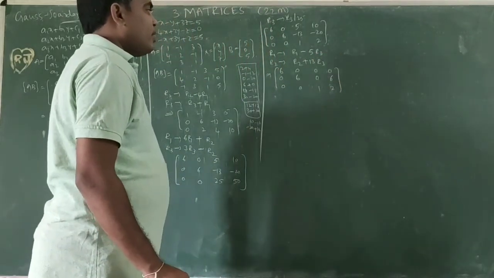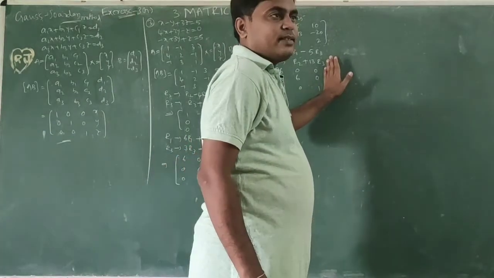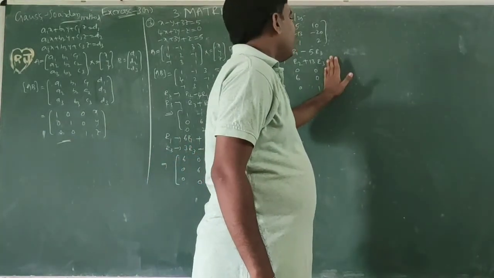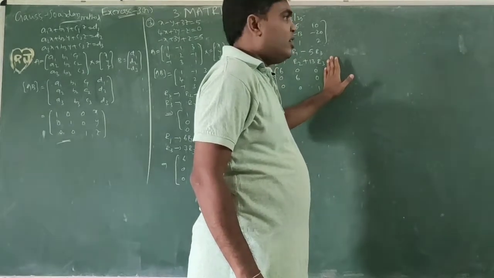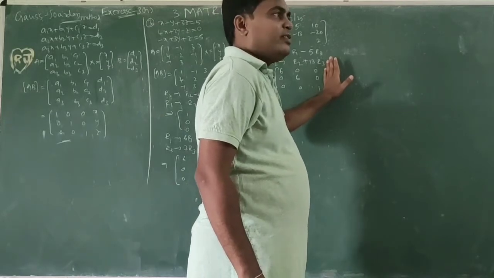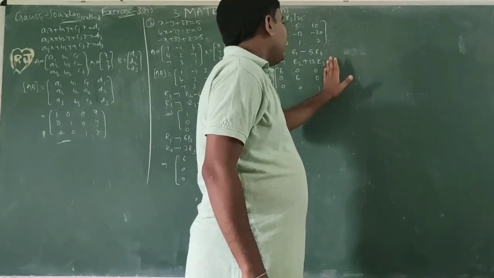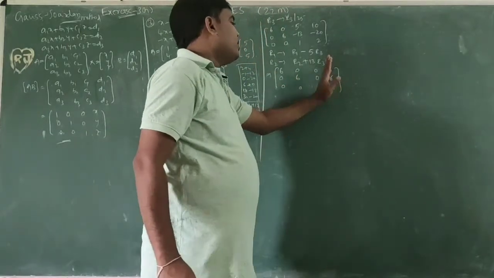Okay. Now it is a diagonal matrix. Now I want to convert it to identity by dividing by the diagonal element. What is the diagonal element in the first row? 6. So R1 divided by 6. What is the diagonal element in the second row? This is also 6. Divide the second row by 6.